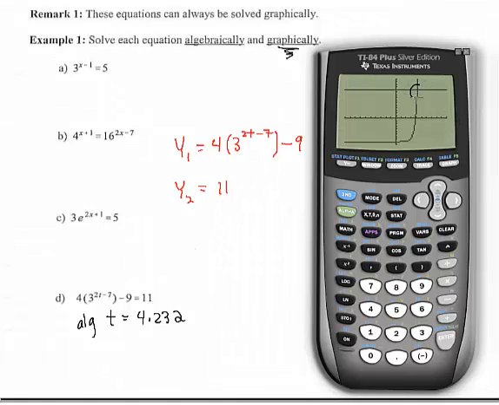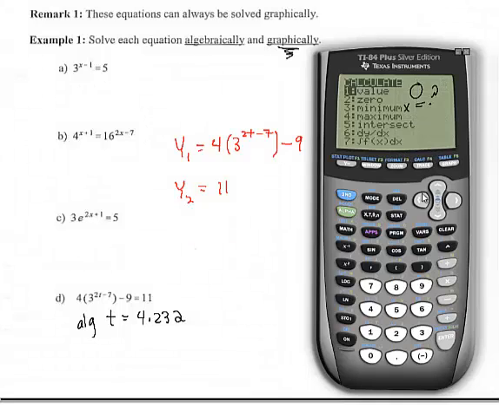And so the question is, what does x equal? So we make our calculator do all the work for us. We go to second calculate, select number 5, intersect.